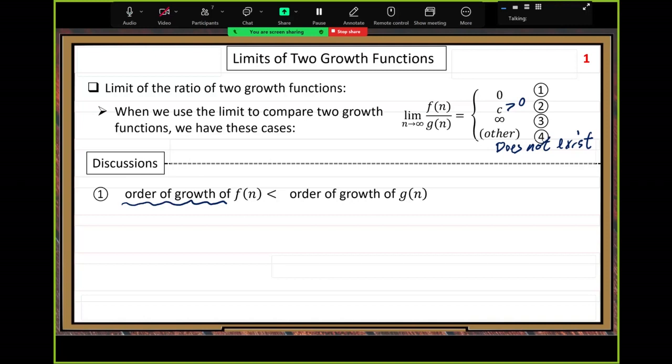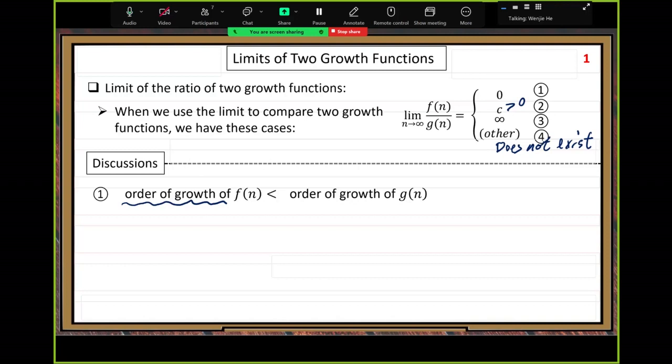So case 1, the limit of f of n over g of n equals 0. Then our conclusion is, because we know the f function grows slower than the g function, based on our intuition, we can say the order of growth of the f function is smaller than the order of growth of the g function.